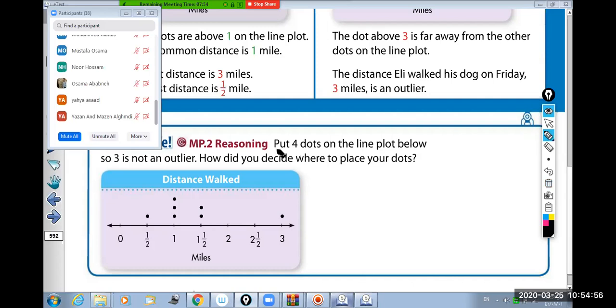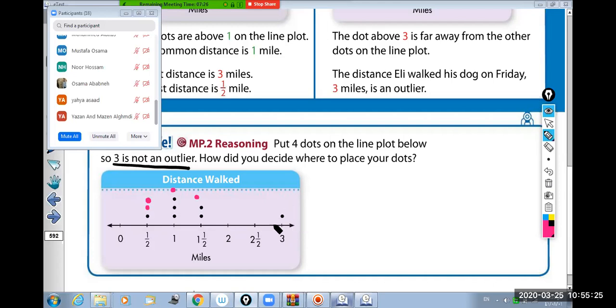He said, put 4 dots on the line plot below so that 3 is not an outlier. How do I put numbers here on the number line to make the 3 not an outlier? If I put here 4 dots, is the 3 still an outlier or not?